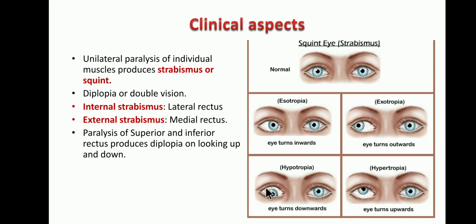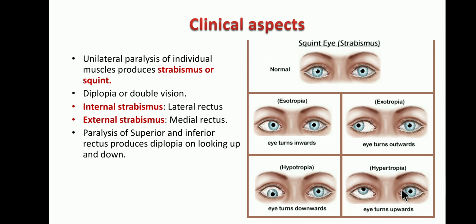Same way, this is paralysis of superior rectus and paralysis of inferior rectus. In case of paralysis of superior rectus and inferior rectus, the false image is obliquely disposed. In superior rectus paralysis, when you try to look up, you will have diplopia or double vision. In inferior rectus paralysis, when you try to look down, naturally you will have diplopia or double vision.